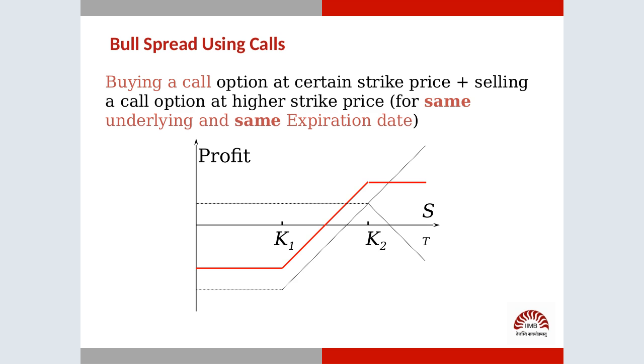Of these 5, you cannot choose the spot because that is defined by the market. You cannot choose the interest rate, that is again market driven, and the volatility is automatically driven by the underlying asset. So you cannot choose these 3 yourself. These are automatic. Once you choose the asset, these are automatically chosen. However, you can choose the strike price and you can choose the time to maturity.